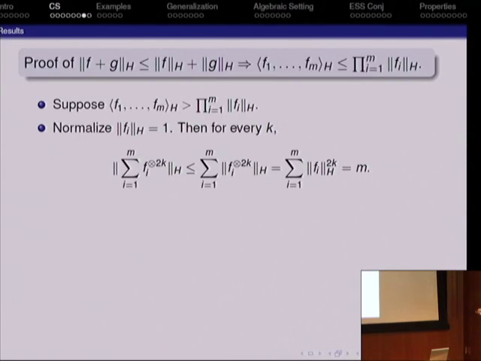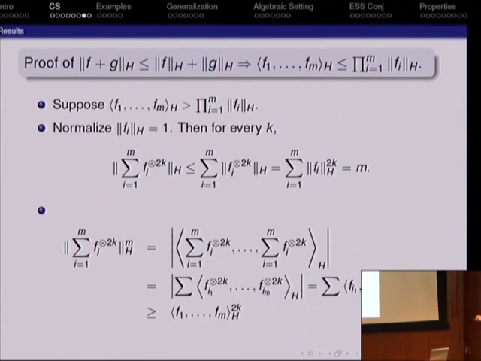And I know that the norm is multiplicative, so this is just the h norm to the power 2k. And we assume that the h norm is 1. So we get this uniform upper bound m. It doesn't depend on k. So for any k, if I look at this sum, it's bounded above by m, just by the tensor property and the triangle inequality. Now, let's try to lower bound it using a different method.